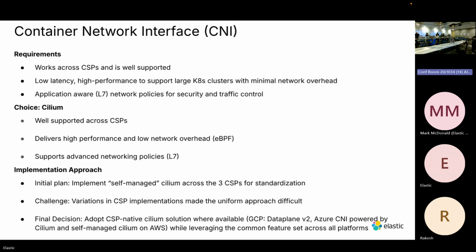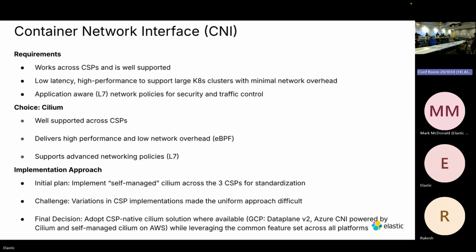We want to ensure that as our use cases are driven by customers, which is very index heavy, we want low latency, right? We want high performance so that the Kubernetes clusters can scale up with minimal network overhead. And we wanted one more very specific requirement, that the CNI should be able to build tools on the L7 layer of the OSI protocol, which means that it needs to be application aware, so we can build rules based on the application, right?